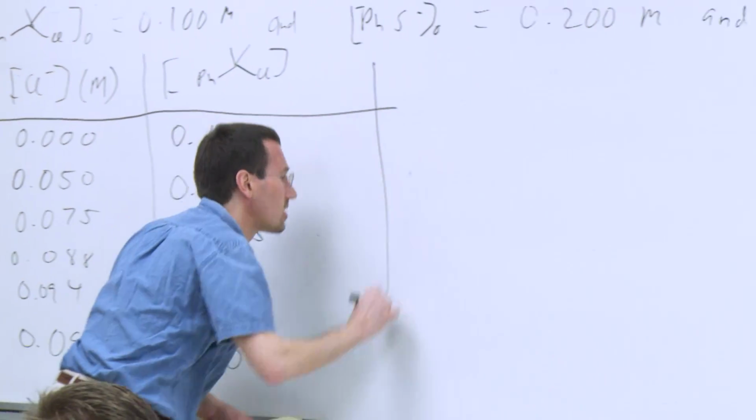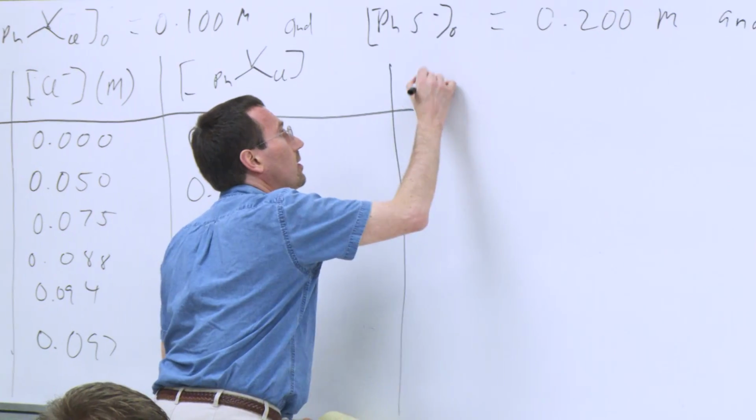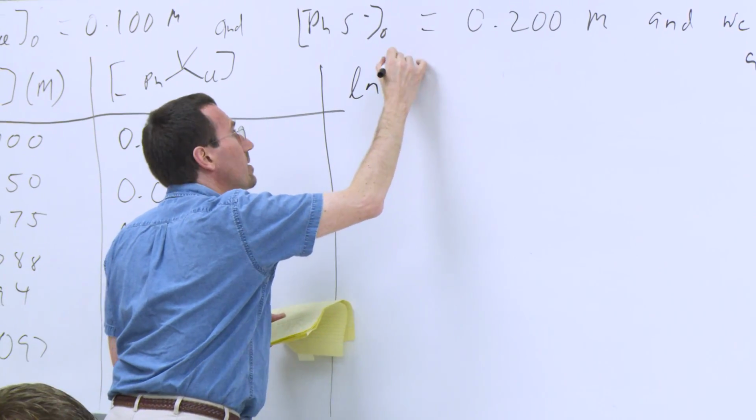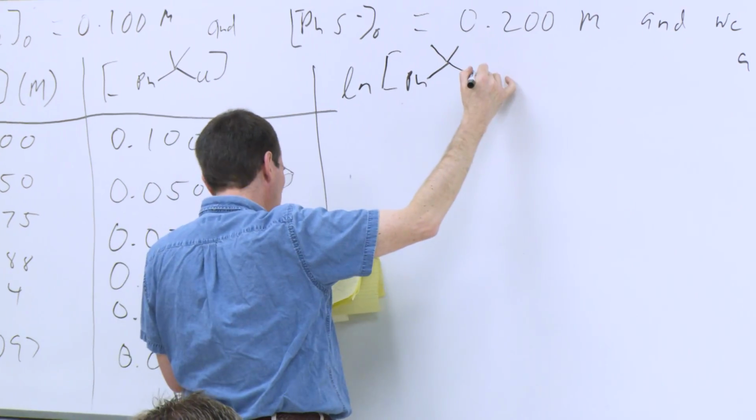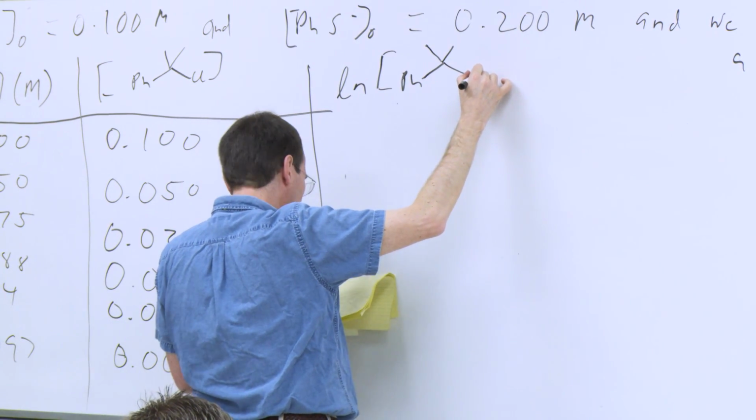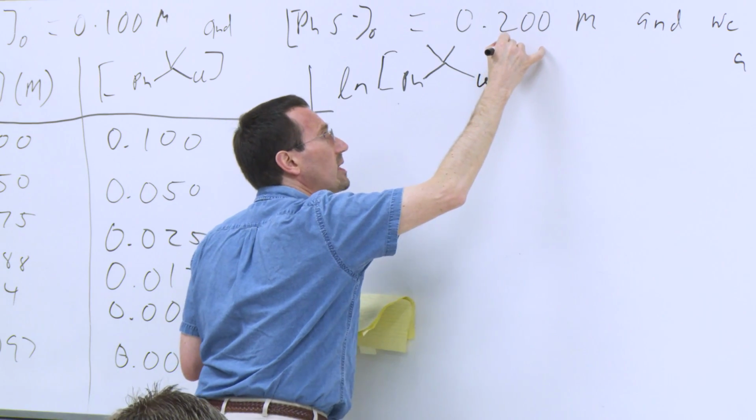Okay, so we take our log here, and I just plugged it into my calculator. We're doing this in natural log, although you could work this in log 10, and you'd need to have a conversion factor of 2.3.